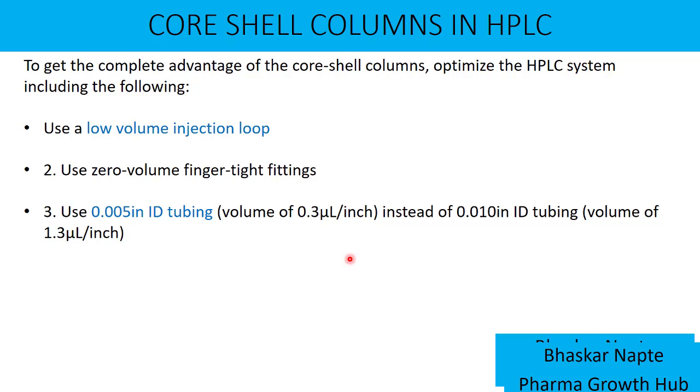See, the bigger the inner diameter, the more the extra column volume will be. So rather than using 0.05 inch diameter tubings, you can go for the 0.01 inch inner diameter tubings, and look at the difference in the volume: 0.3 microliter per inch with 0.01 inch versus 1.3 microliter per inch with the 0.05 inch inner diameter tubings.